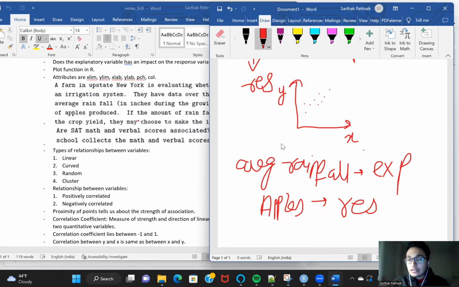Now, one can say that if the student is really, really good, and if the student actually works very hard, he can score well in both the exams. That's true. But does one have an impact on the other? Does a high math score always guarantee me a high verbal score and vice versa?